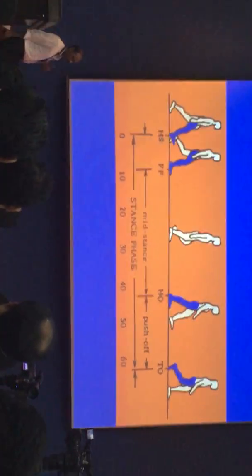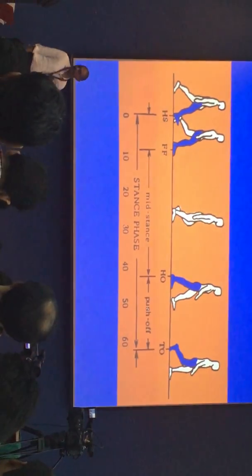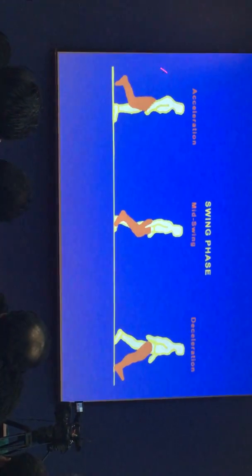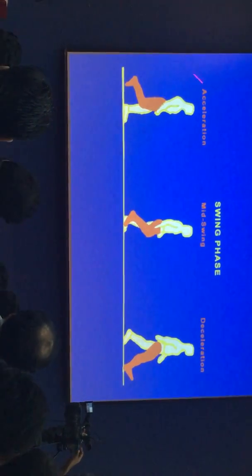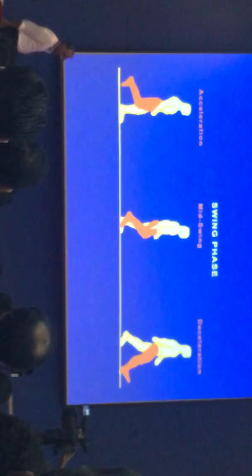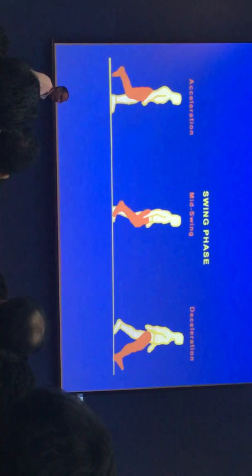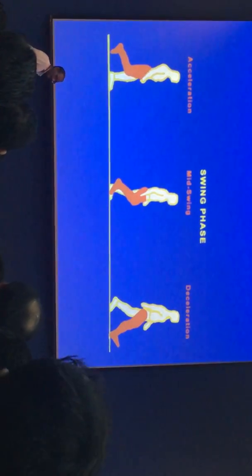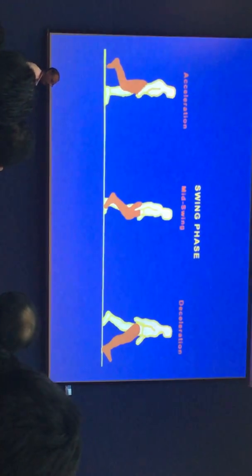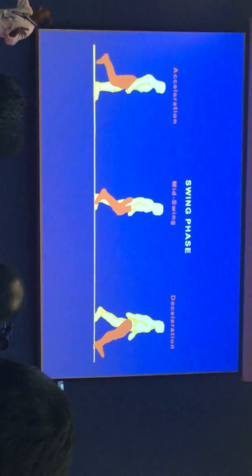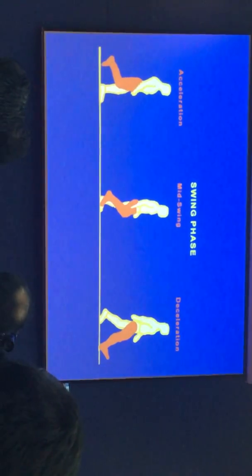When I am doing a heel strike, you need to know the different position of each of the limb states. Then next you move on to the swing phase. The moment you raise your toe off, your swing phase is beginning. You have a stage of acceleration, mid-swing, and then you decelerate till you heel strike again. So that's one step.